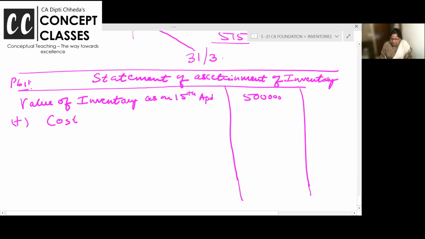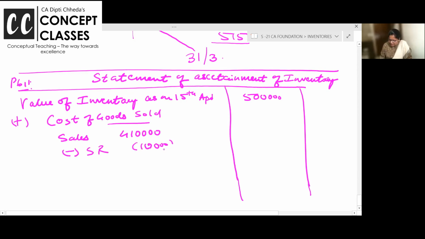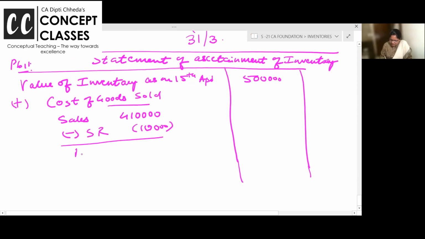Add back cost of goods sold. So you have the sales figure. How much goods are sold here? First to 15th, goods sold are 410. Out of that, 10,000 has come return back also, 10,000. So what is your net sales? 4 lakh.